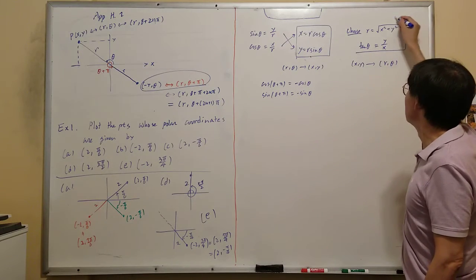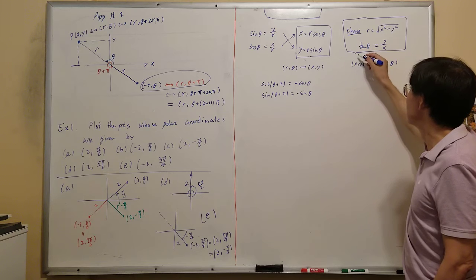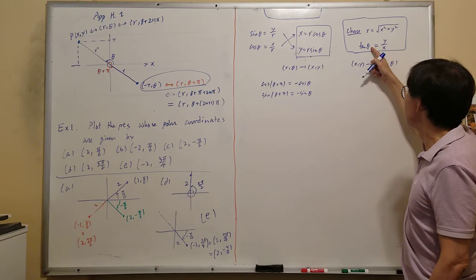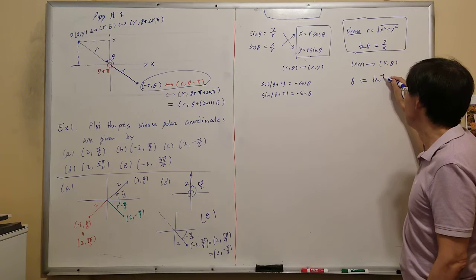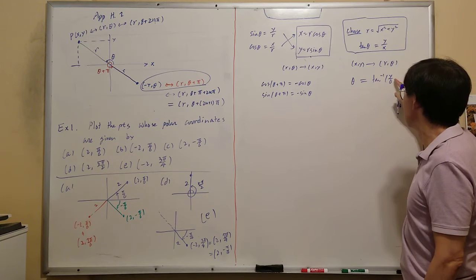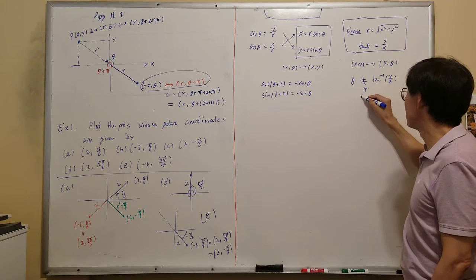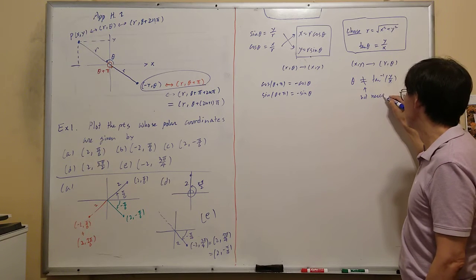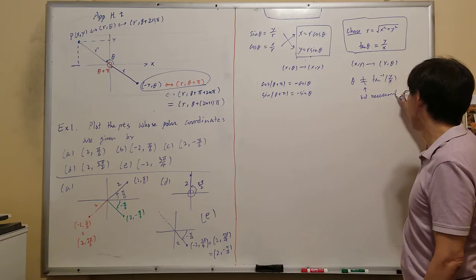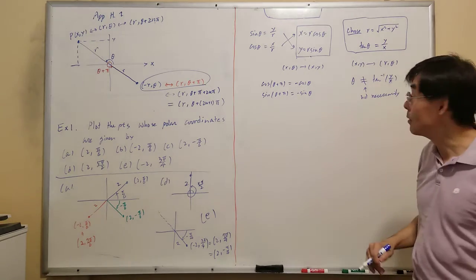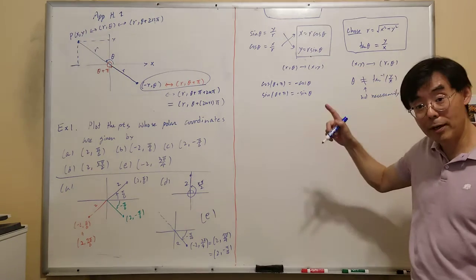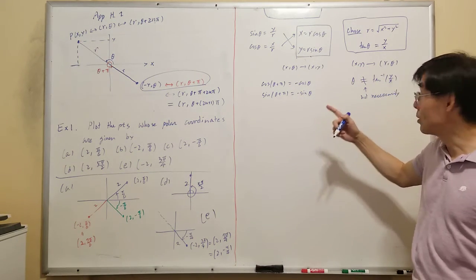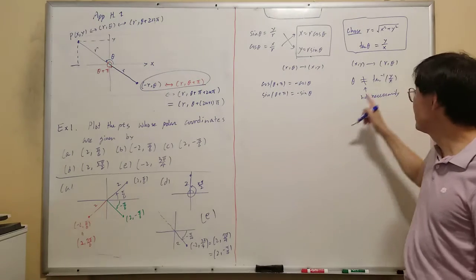This is good enough. Now, theta is not necessarily this. Sometimes yes, not necessarily. You have to be careful. If your xy is in the first quadrant or fourth quadrant, where the tangent inverse function's range is, then yes, it will be equal.